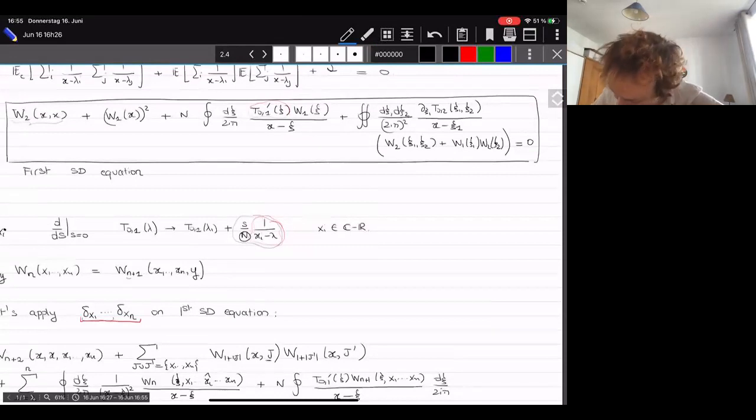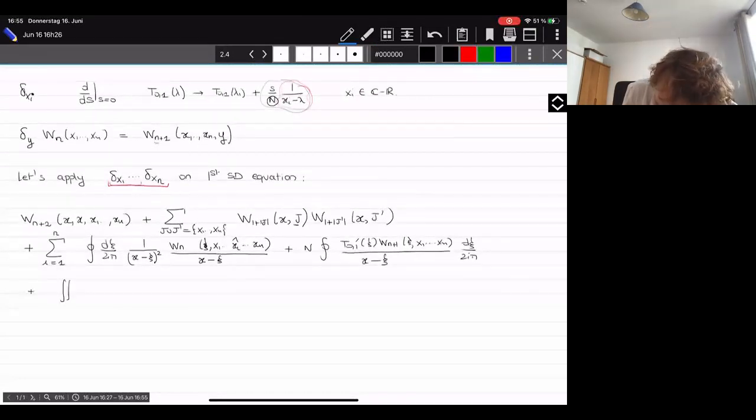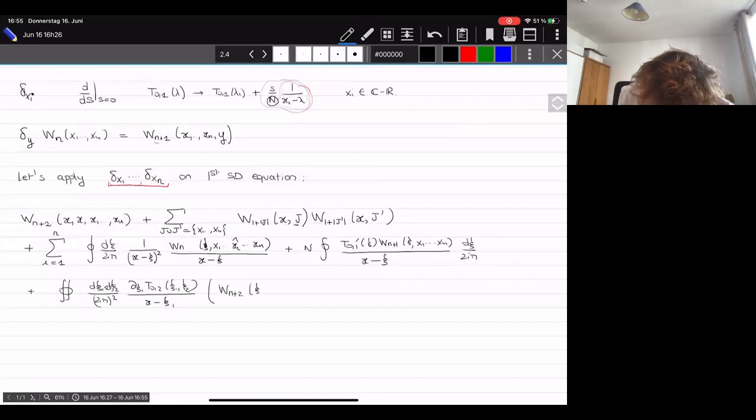You just have to use the derivations on these W2 and W11, and that we already know what it gives. So you would obtain this. So d xi1 d xi2 T02 xi1 xi2 over x minus xi1, and then Wn plus 2 xi1 xi2 x1 xn plus the sum of these two W's.